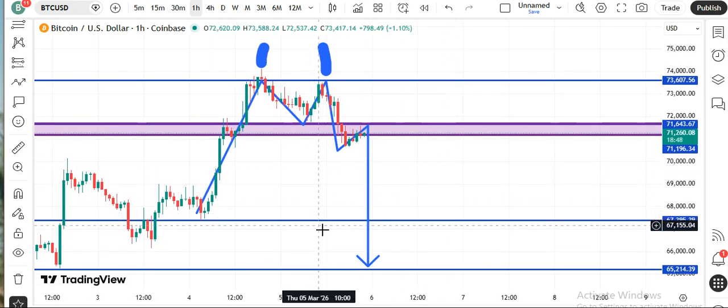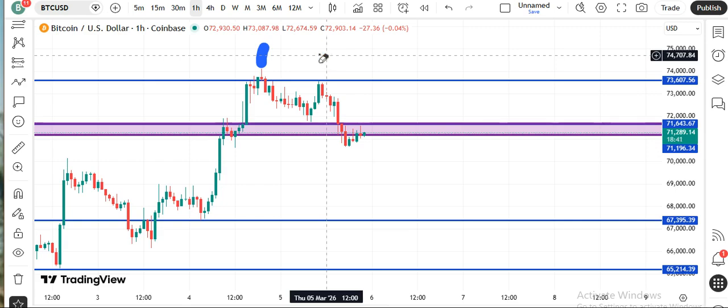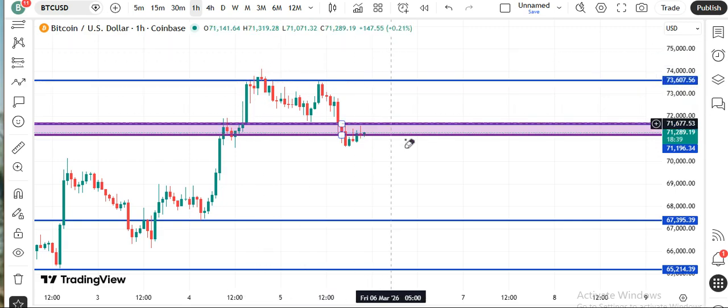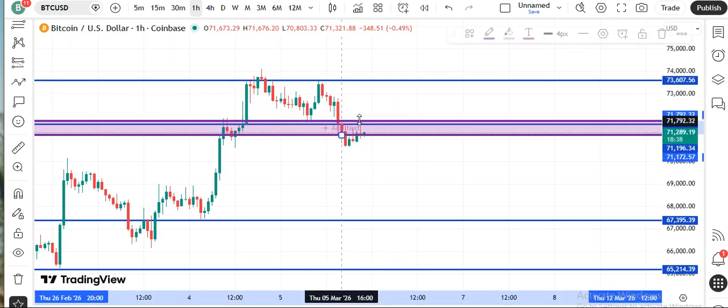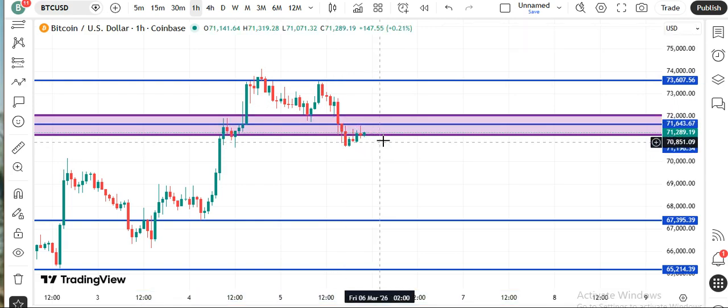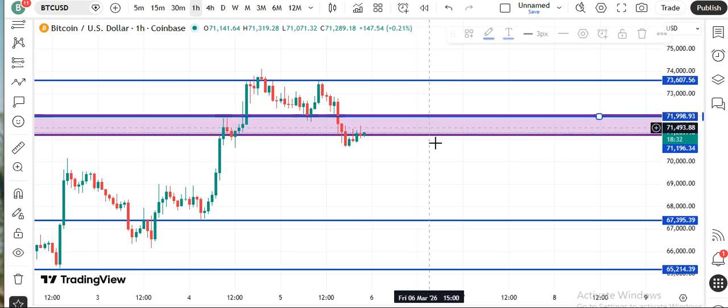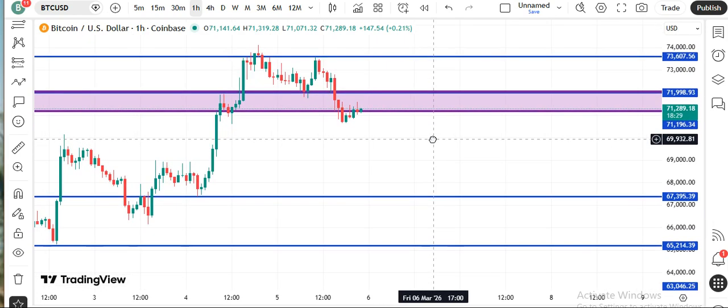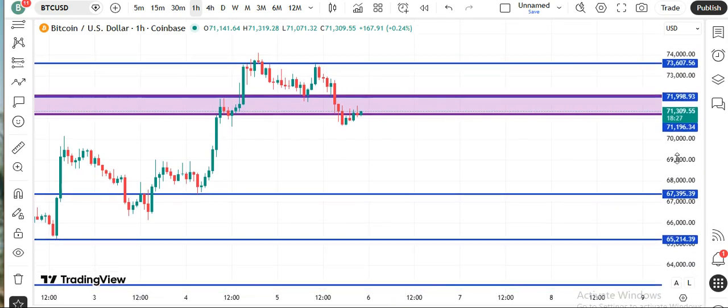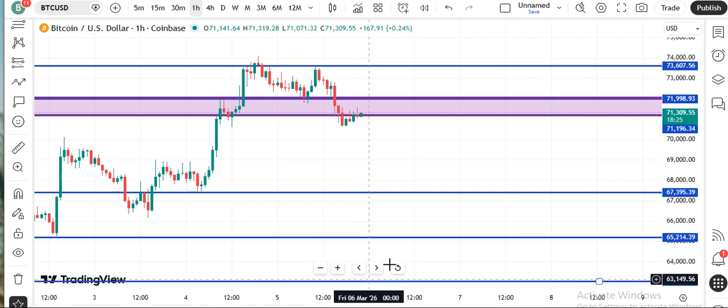So after working on the market structure, the next thing we are going to work on is the zone. So from here, my zone is too small. Let me expand the zone a bit. So this market is now pulling back for a retest. So let me expand the zone a bit and wait for that.